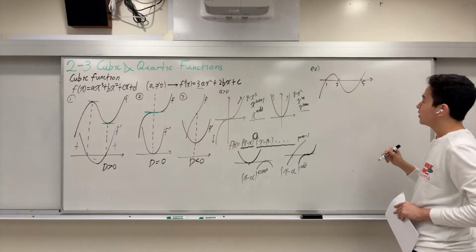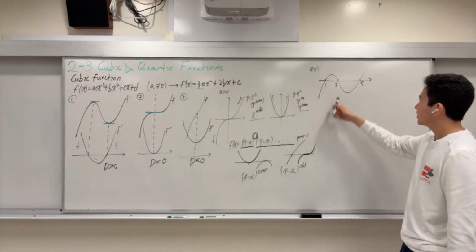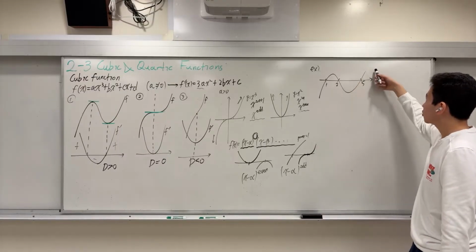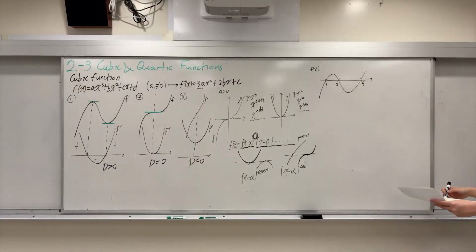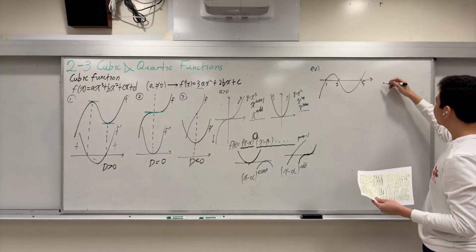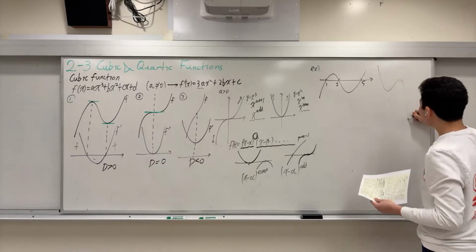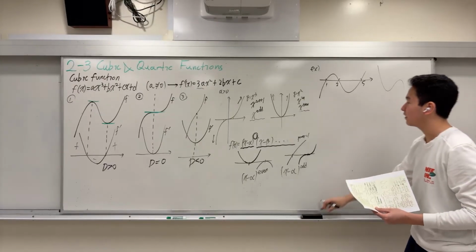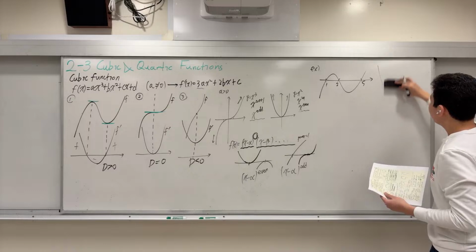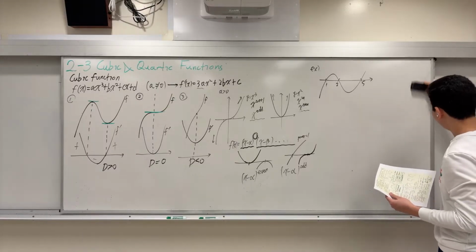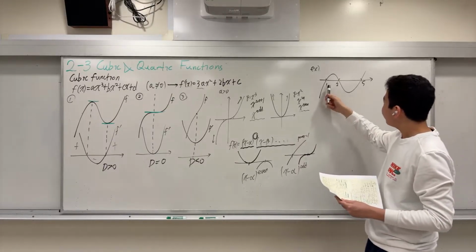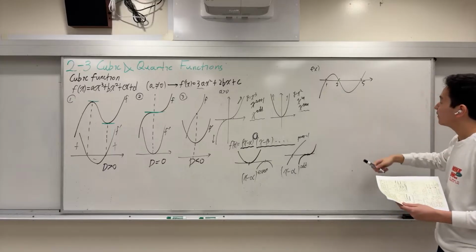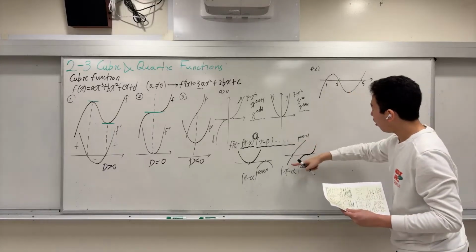Okay, so first thing to notice is I have a cubic function with a positive leading coefficient. If it was a negative leading coefficient, it would go from positive infinity to negative infinity, like that. But we don't have that right now. So we're going to assume a positive leading coefficient. And we have the roots, 1, 2, and 5. And as you can see, they're all going through.